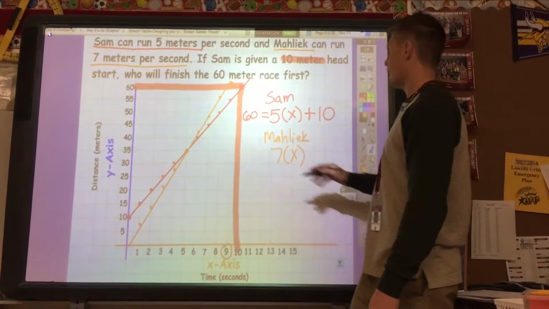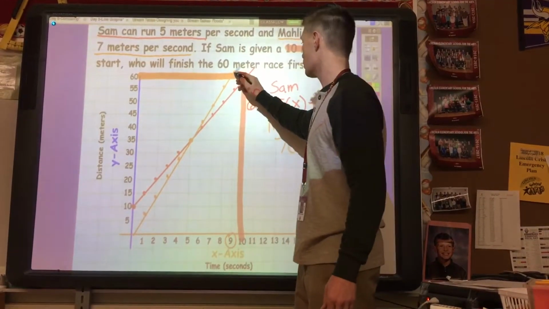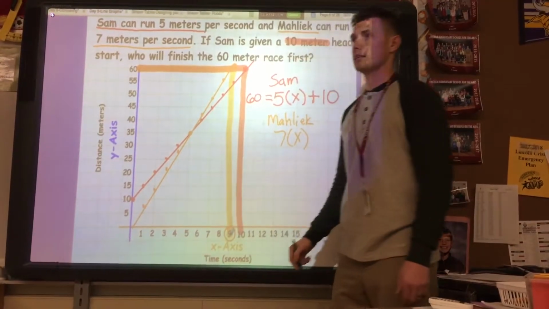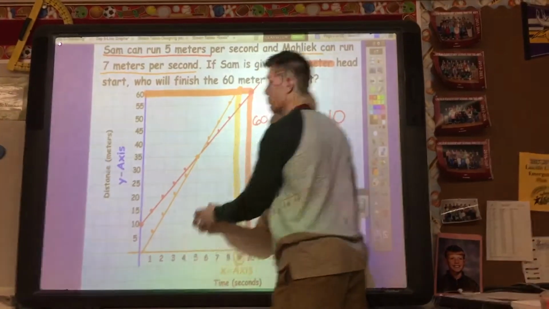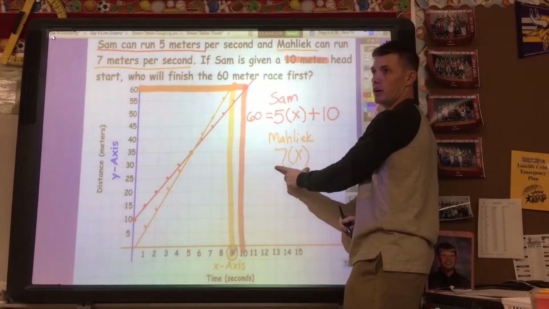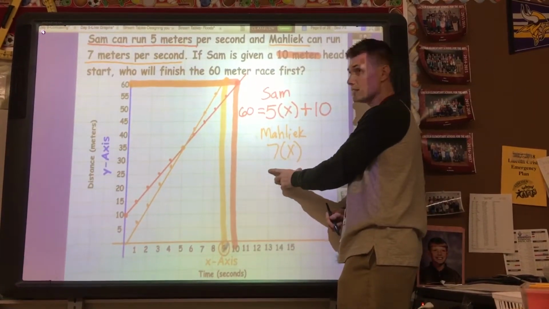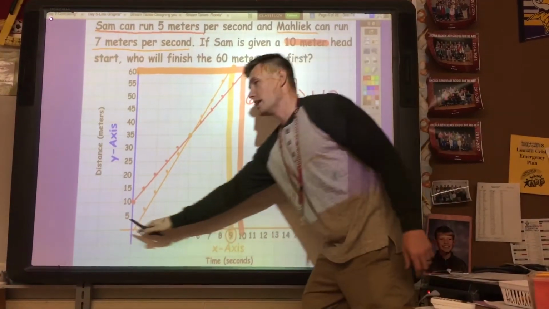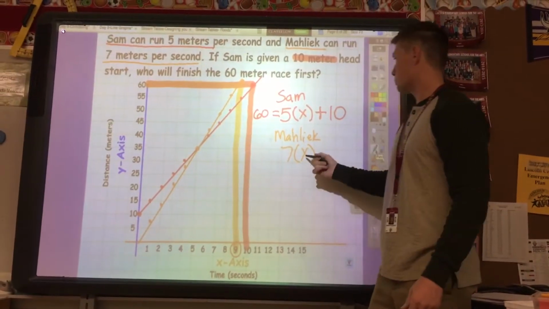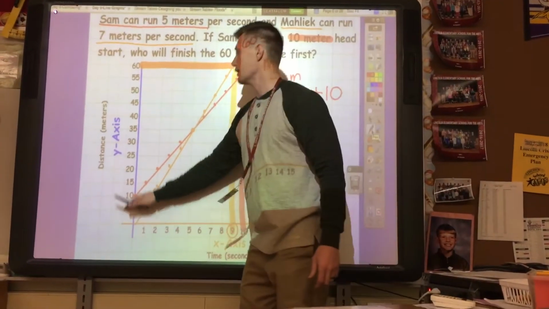So he's going to actually win the race by 1 second. This is graphing linear equations based on what we know. This is not easy stuff. But what we have to understand is we have an x that we plug in and we get out a y.